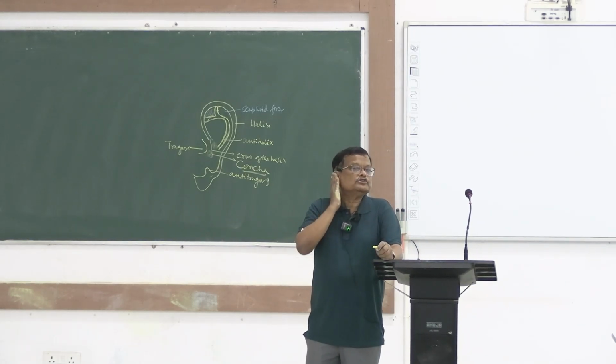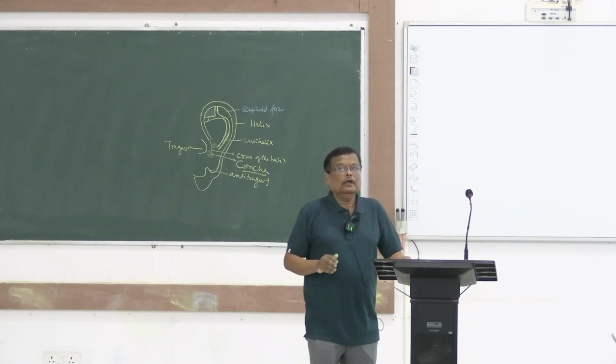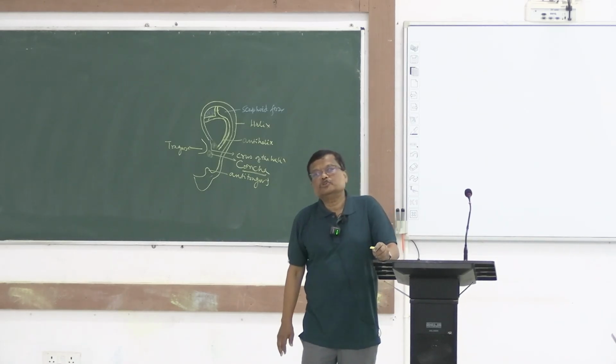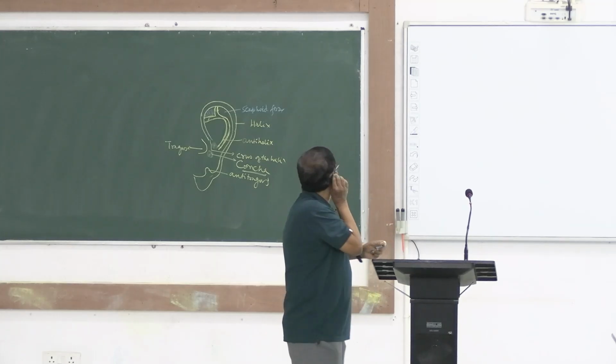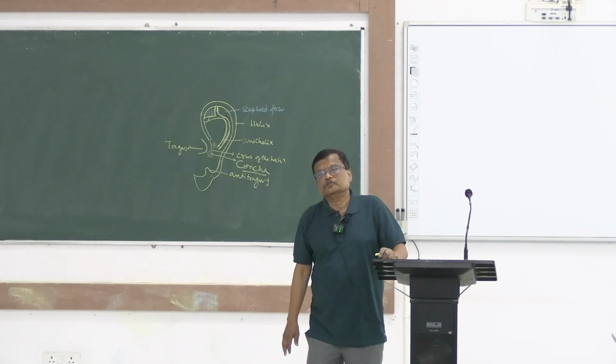This surface of the auricle we call lateral surface or facial surface. And this surface of the auricle we call cranial surface or medial surface.